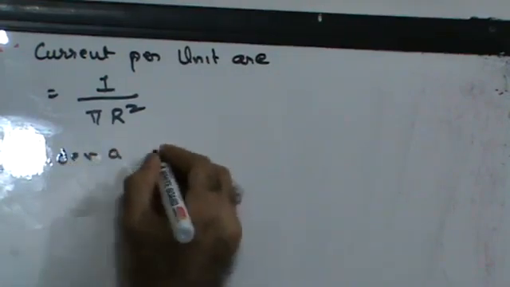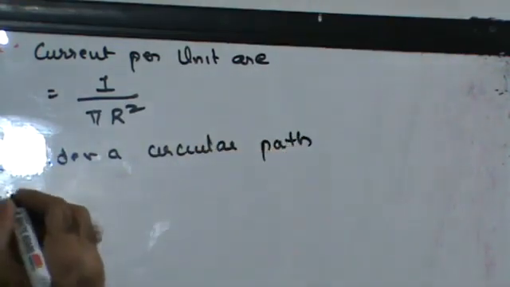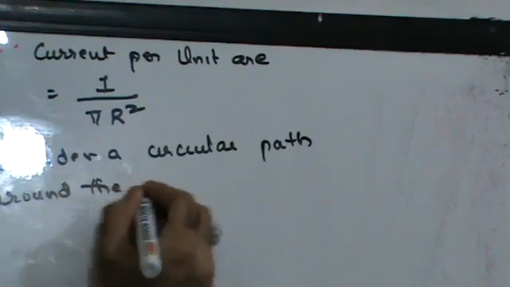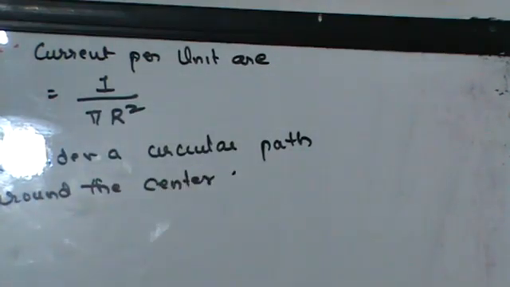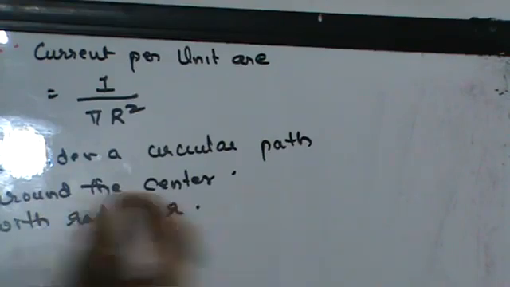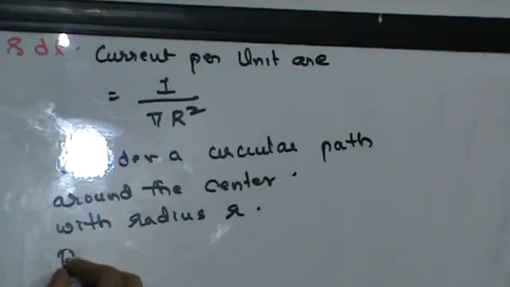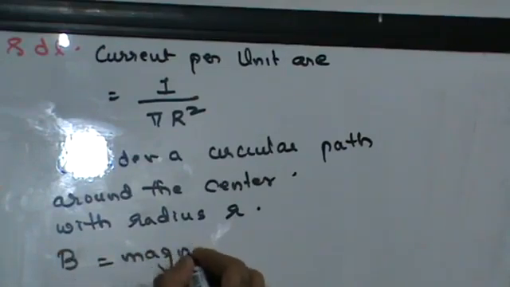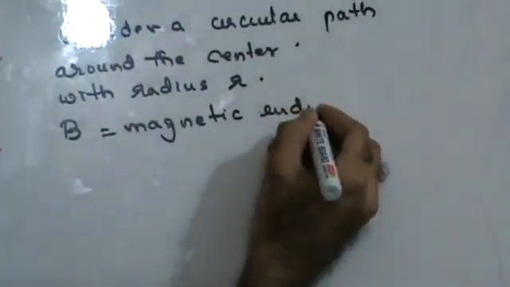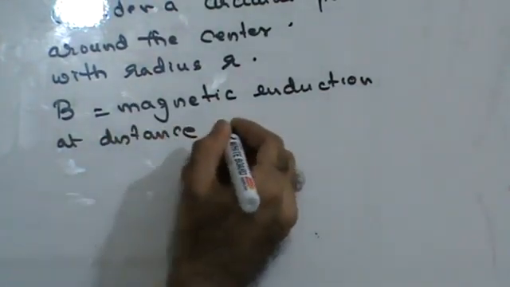Now let us consider a circular path around the center, with radius r, and let's assume that B is the magnetic induction at distance r.